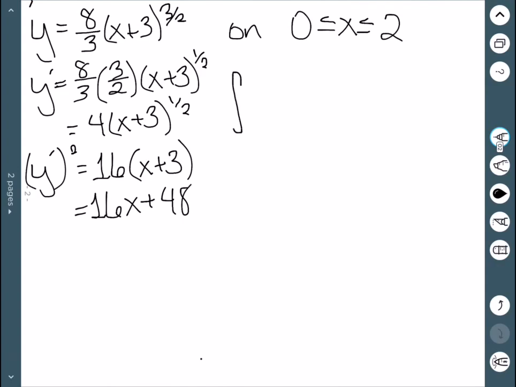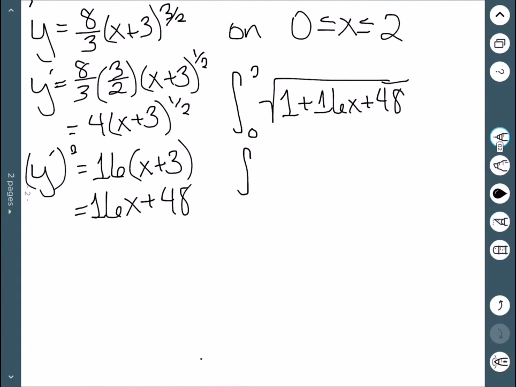And now we're going to integrate from 0 to 2 of the square root of 1 plus this value we just found. Simplifying a little bit gives us that this is the integral of 16x plus 49.